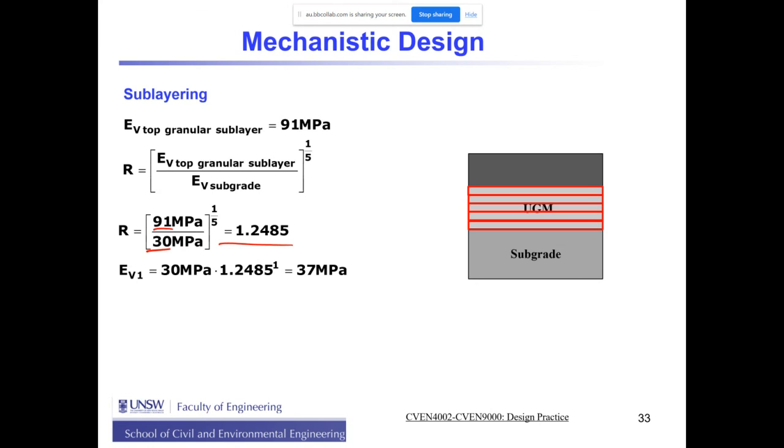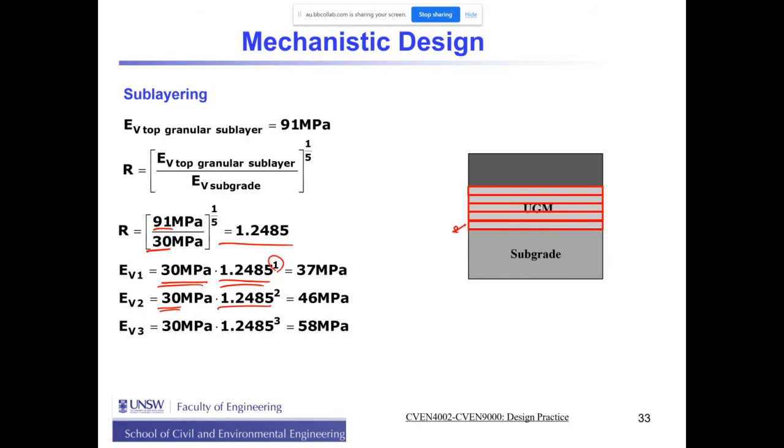Now how can we determine the layer values? For the bottom layer, you can simply multiply the Young modulus of the subgrade by this reduction factor to the power 1. So it becomes 37. For the second layer from the bottom, you multiply the subgrade Young modulus by the reduction factor to the power 2, third layer to the power 3, fourth layer, and fifth layer.